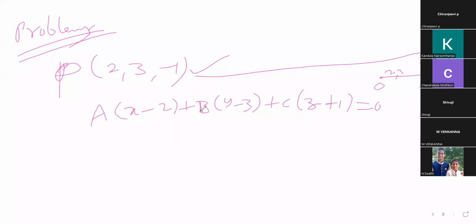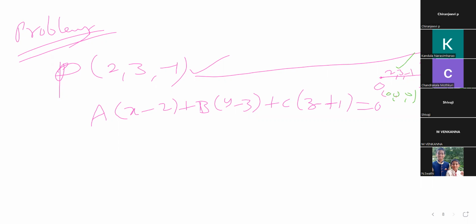Because x2 minus x1, y2 minus y1, z2 minus z1, and here O is nothing but (0, 0, 0), whereas my P is nothing but (2, 3, minus 1). According to the formula, that is the reason these are the direction ratios, right?